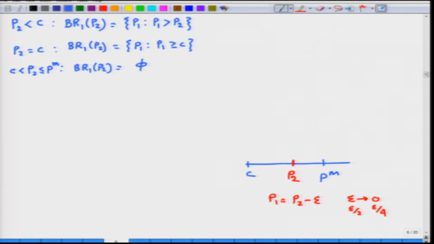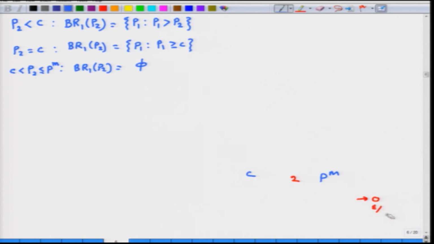This would not be the case if the denomination in which we were measuring prices had a smallest unit of, let us say, 50 paisa. Then if firm 2 were charging a price P2 here, all firm 1 had to do was choose a best response which is P2 minus 0.5. But now since for our case prices are real numbers, this does not exist.